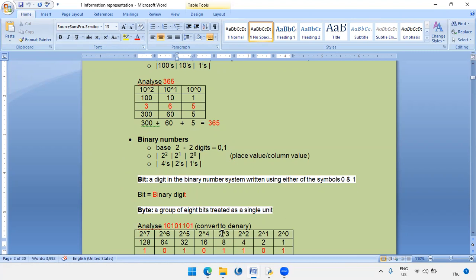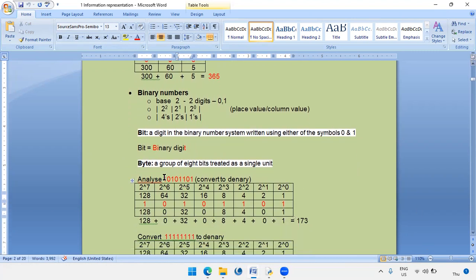And what is a byte? A group of 8 bits treated as a single unit. Like you have single characters in the alphabet, but when you make a group of characters, it becomes a word. Similarly here, 8 bits make up 1 byte.